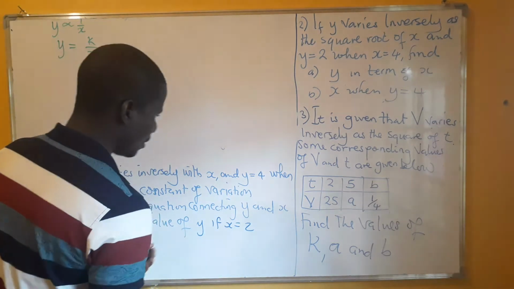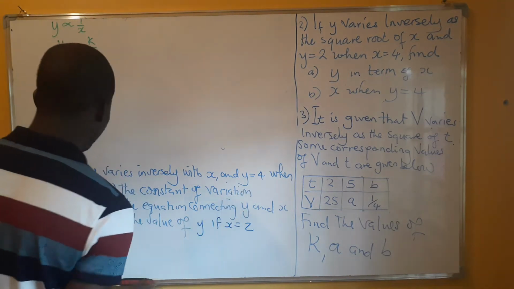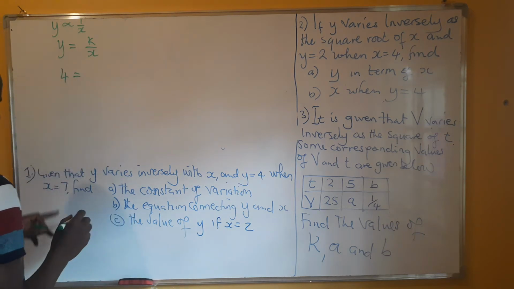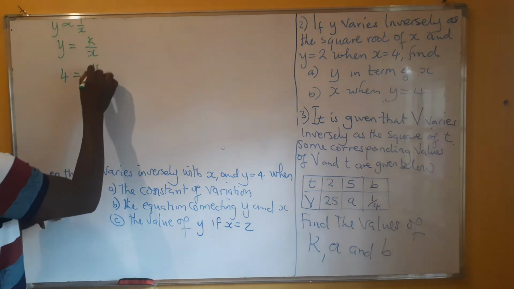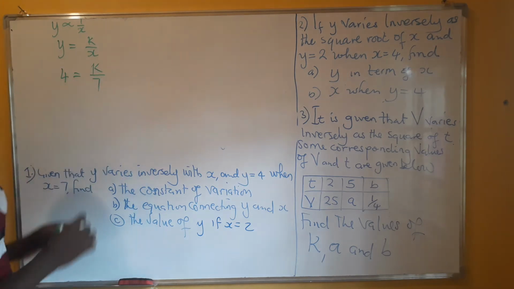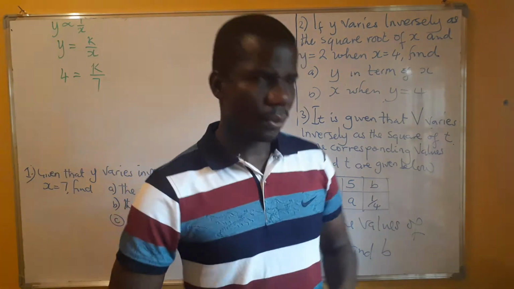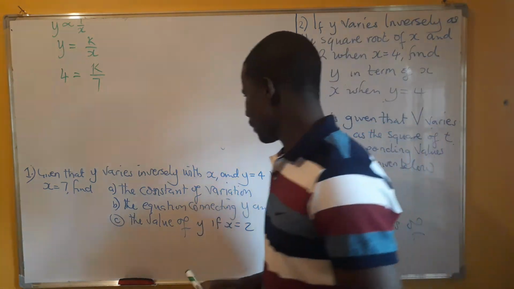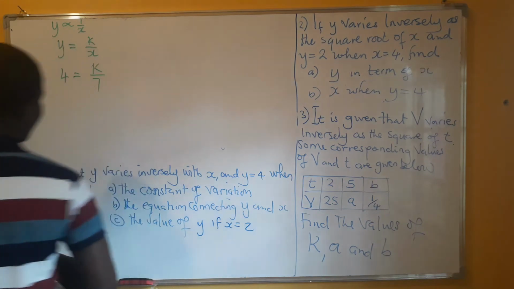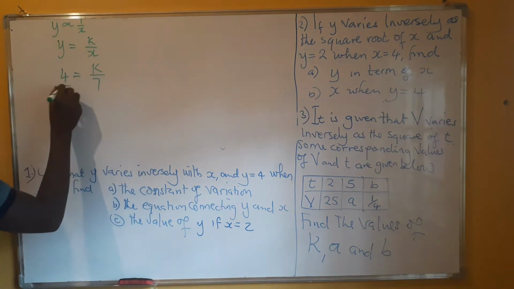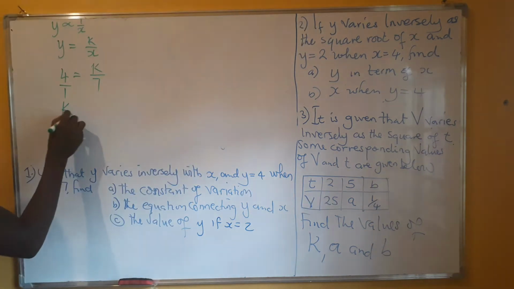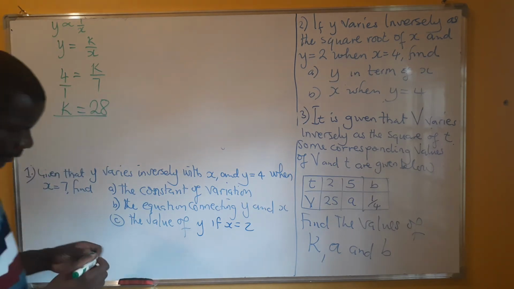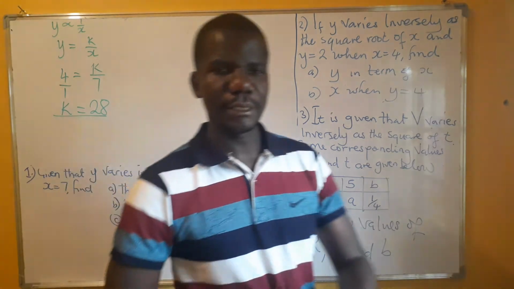When y is equal to 4, x is equal to 7. What is the constant? The constant of variation is k. What is the value of k here? Cross multiply. We have k is equal to 28. The value of the constant is 28.